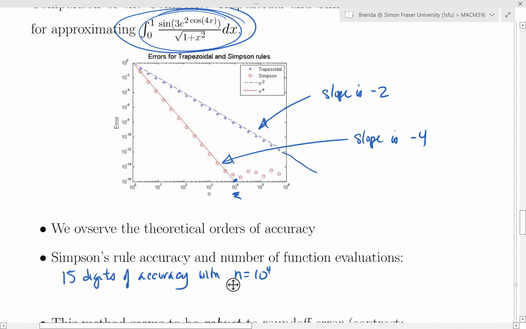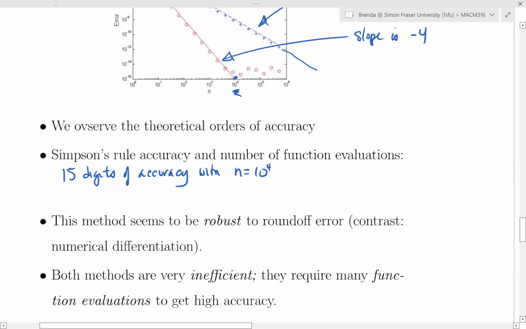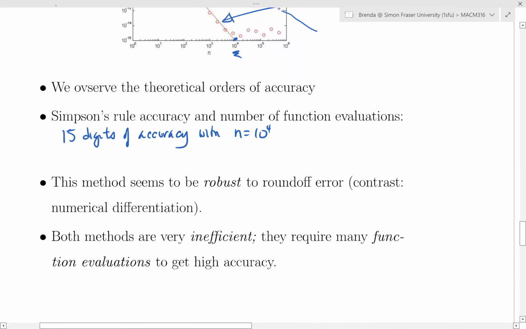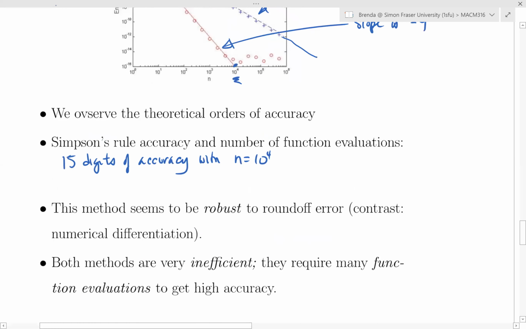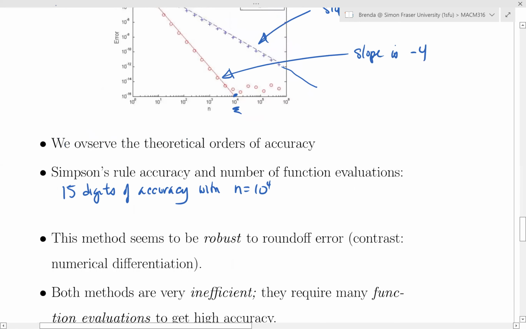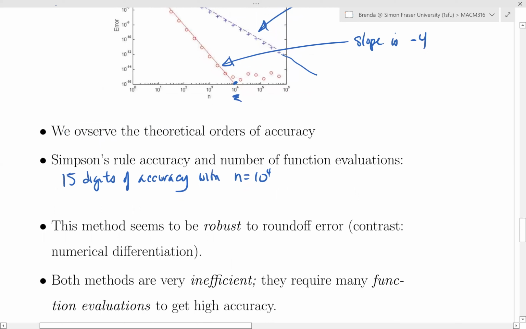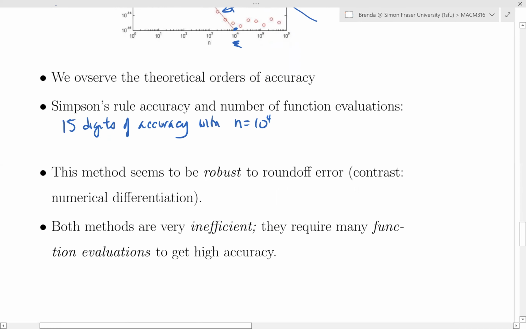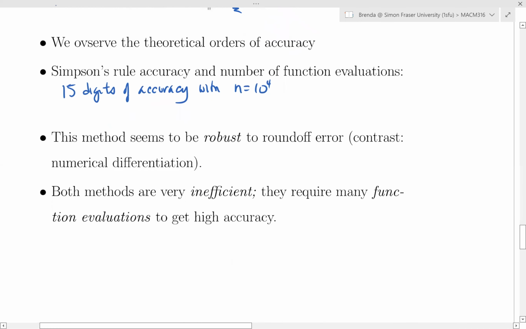You've got to calculate that function at 10,000 different points. However, round off, you don't have that problem like we did with the numerical differentiation, where you get better and then it takes off and starts getting worse. It is robust and it is also inefficient.